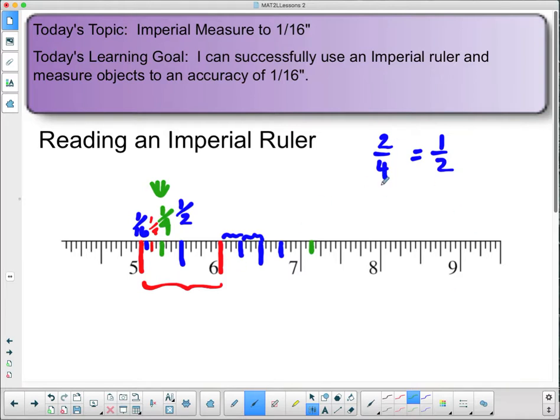You would never call a half 2/4. You would always call it a half because it lands on the big bar. But if you're counting quarters, you have to count it over. So you have to go 1, 2, 3/4 instead of skipping that bar entirely and just going 1, 2/4. You have to count that when you count over. But if you land on a long bar, you're not going to call it by a smaller bar's name.